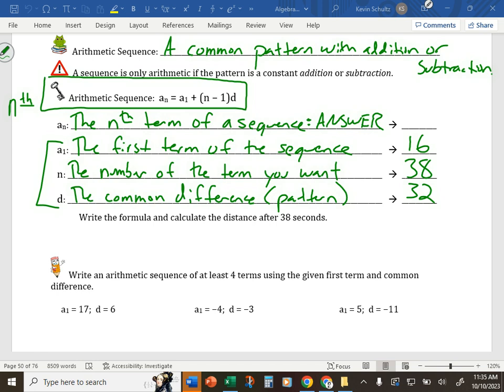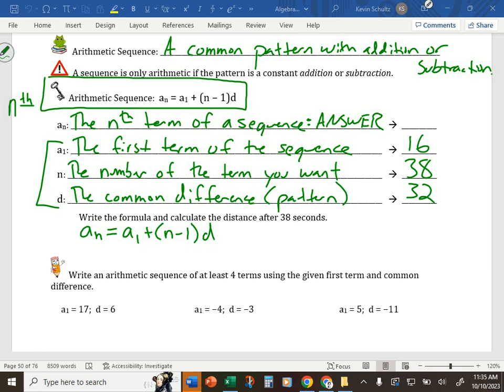Okay? So when we write this out, now it says write the formula and calculate the distance after 38 seconds. We already know what the answer should be. Now we're just proving that the formula works. Okay? So AN equals A1 plus N minus 1 times D. Start with that. Write the whole formula out.